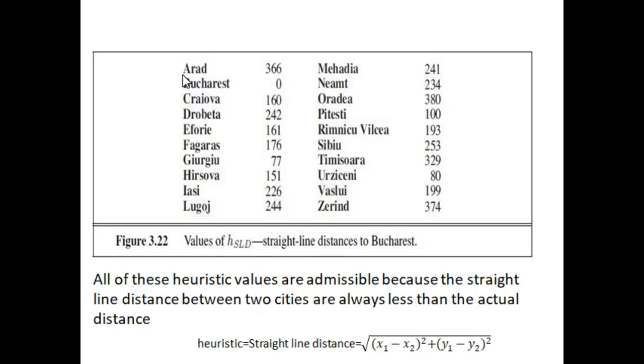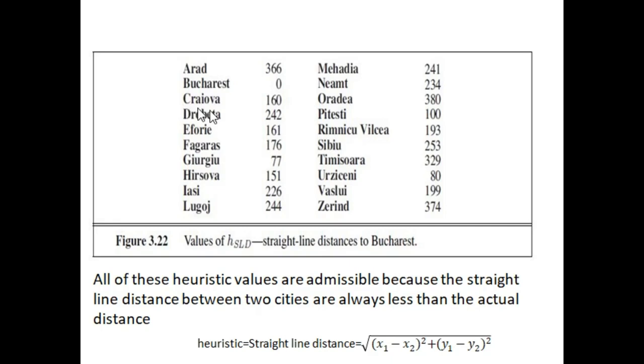The heuristic value of A is 366 and the heuristic value of B is 0, because B is our goal state. Our initial state is A, and we want to move from A to B. That was our problem.